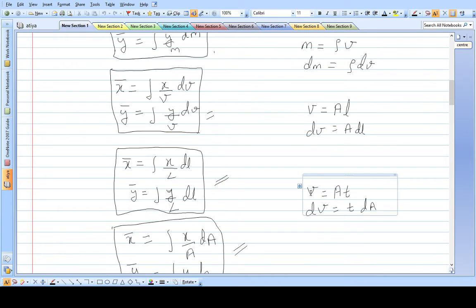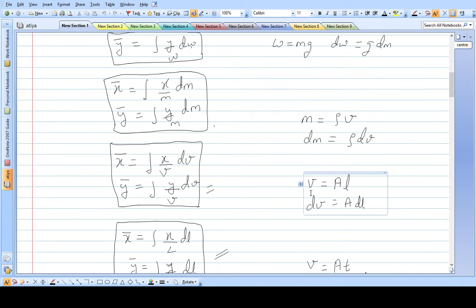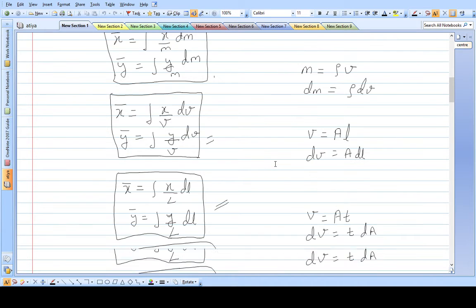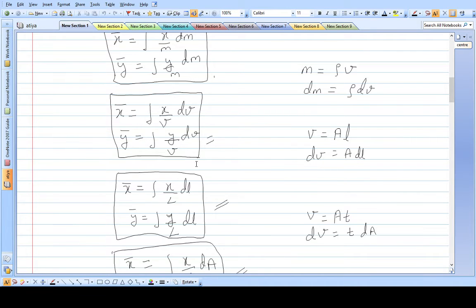To find the center of mass, the centroid is given by x bar equals the integration of x by m into dm, y bar equals the integration of y by m into dm. To find the center of the volume of the given object, x bar equals the integration of x by V into dV, y bar equals the integration of y by V into dV.